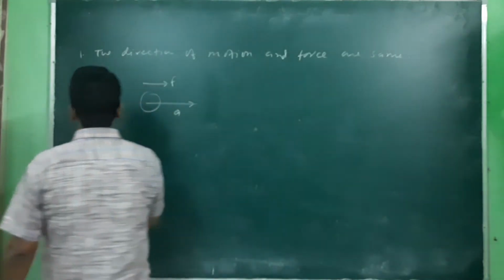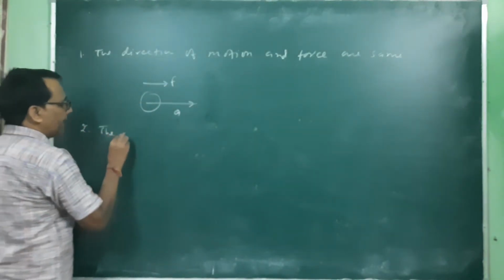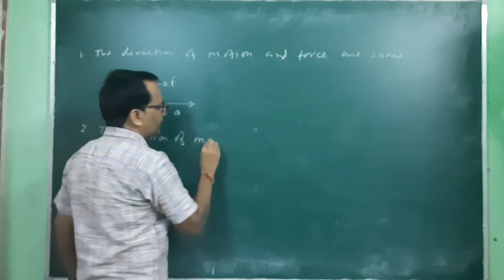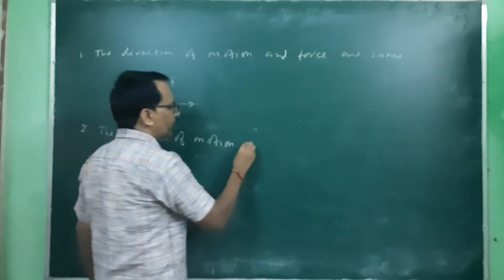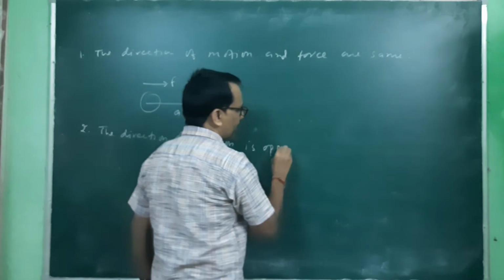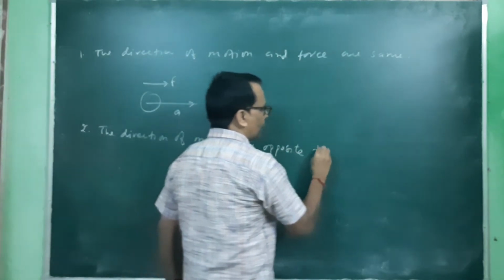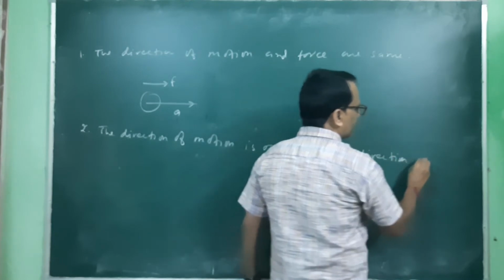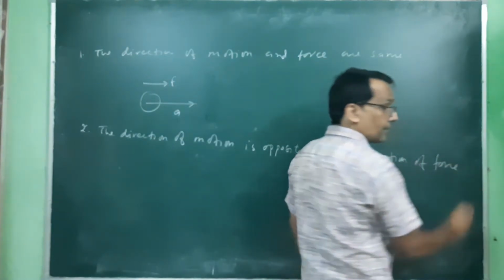So this is the case where the direction of motion as well as the direction of force are same. Second, the direction of motion is opposite to the direction of force. That's it.